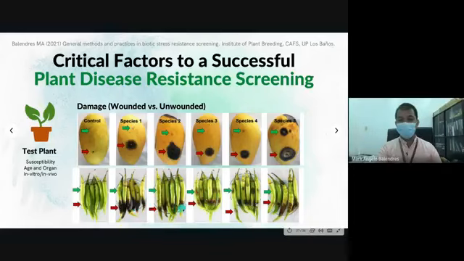Species 1, species 3, and species 4 were able to cause anthracnose in both wounded and unwounded tissue, but there is a degree of variation. So for me, I would use species number 3 as my test material for selection for resistance.